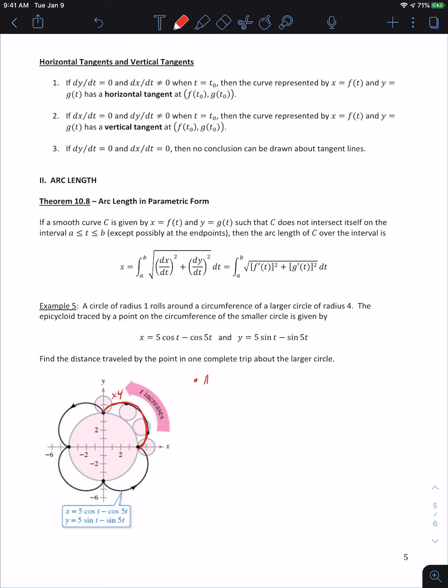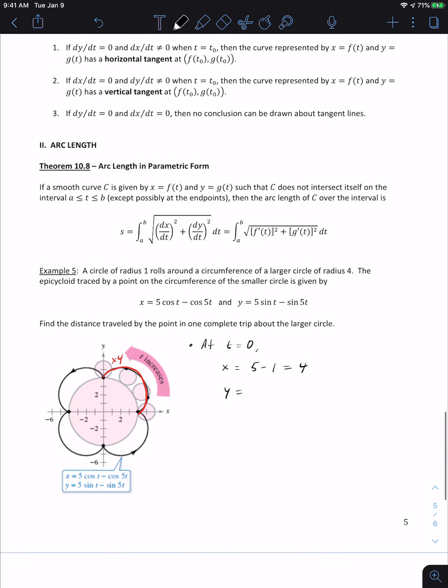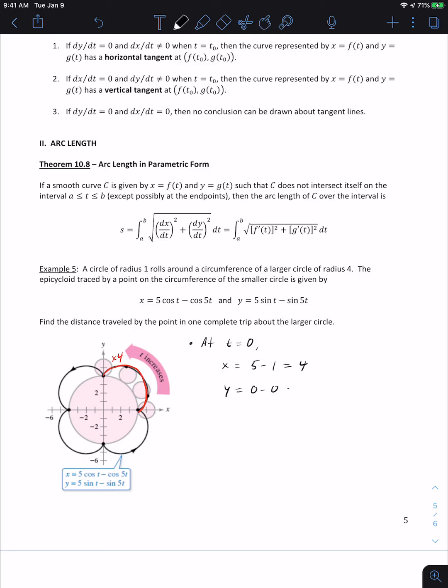Let's notice something. At t equals 0, what do we get? If I plug in 0, I get 5 cosine of 0, so that's 5, minus 1, which gives me 4 for x, and y is equal to 0 minus 0, which is 0.